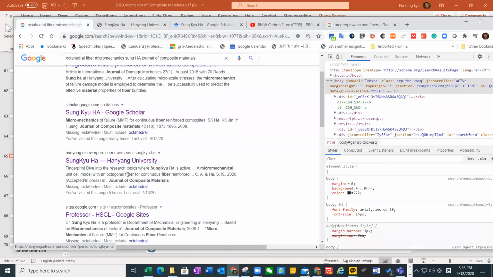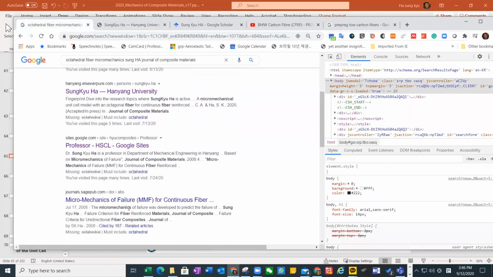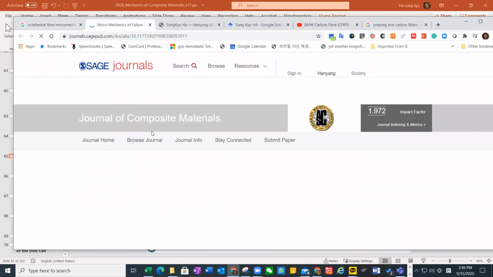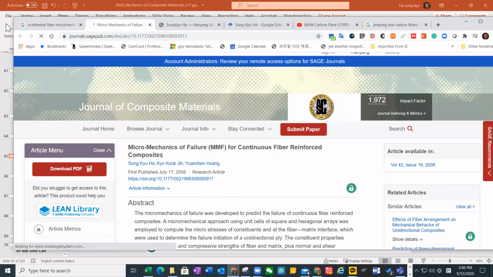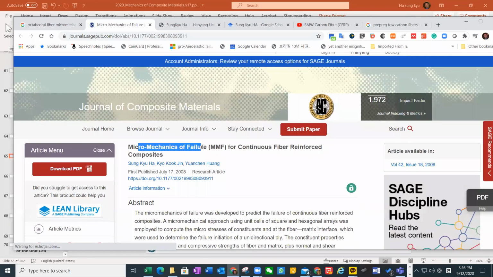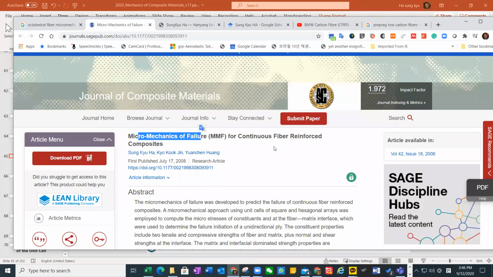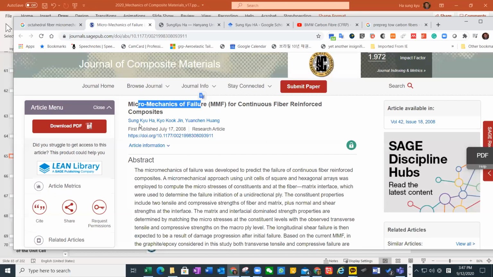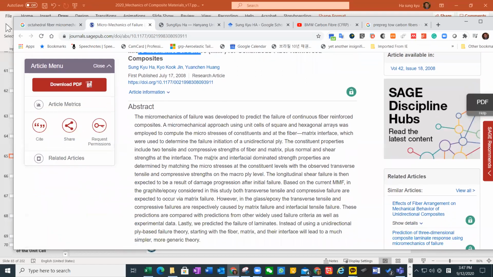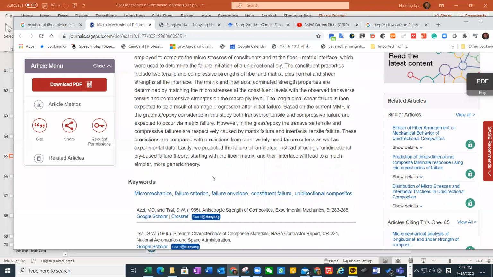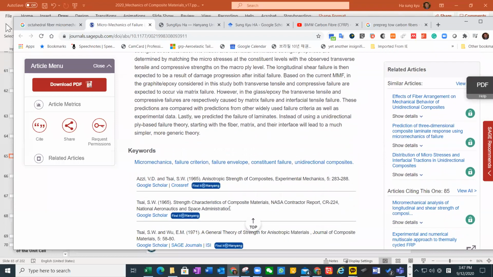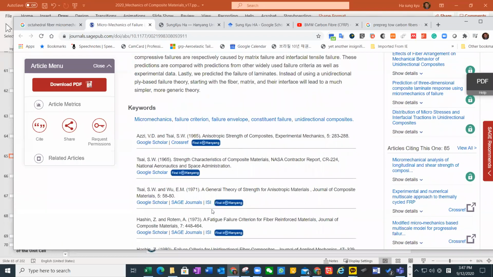Well, I'm sure there are some publications where you can find the micromechanics of failure. The theory called MMF, micromechanics of failure for composites, was published more than 10 years ago. This is the first ever micromechanics paper published, leading the whole micromechanics industry.